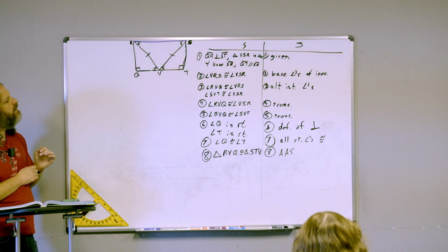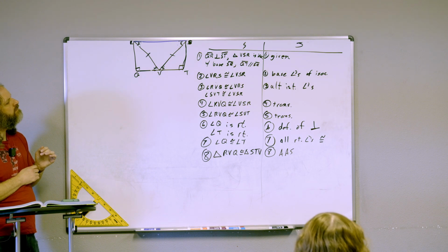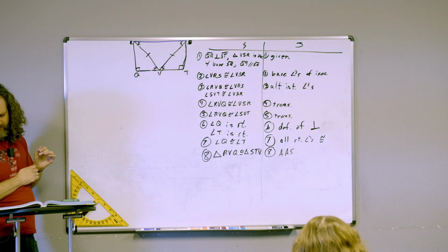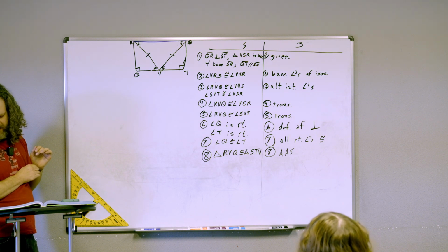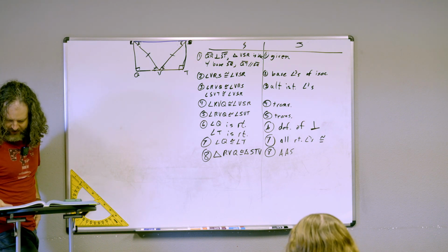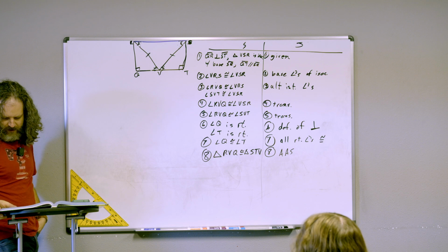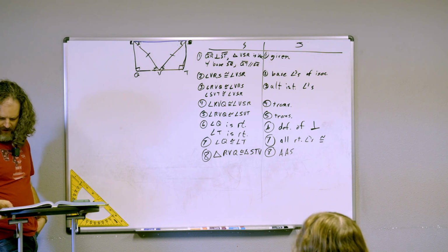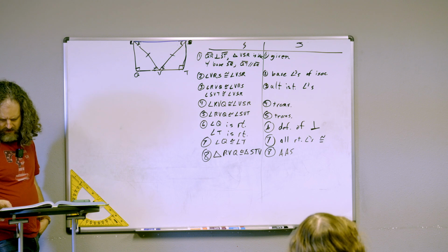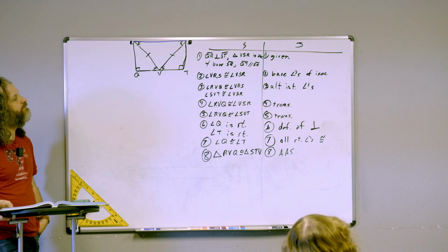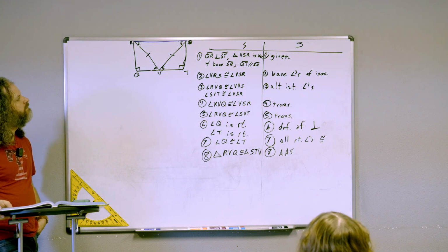Well, they went by basing, and so did we. What was the next thing after they were basing? They did do the same alternate interior angles that we did, and the transitive property. So I don't know what the extra step is, or what we did that they didn't do. Did they do definition of perpendicular?